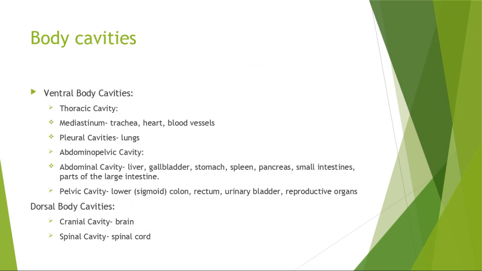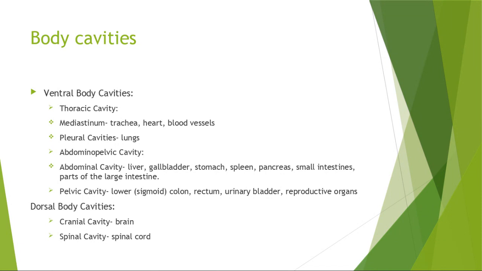The next thing gives you a full description of what's included in those cavities. The ventral, again, is the thoracic. The mediastinum includes the trachea, the heart, and the major blood vessels in the chest. The pleural cavity is the lungs.